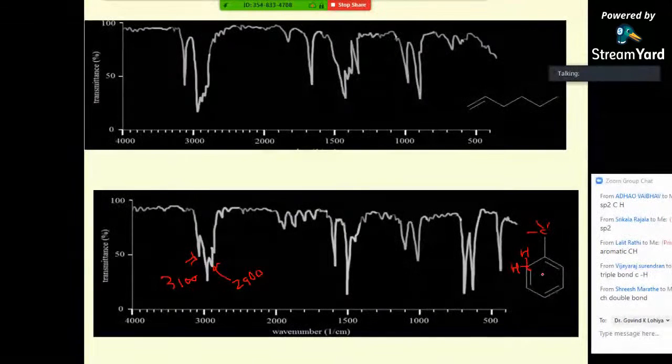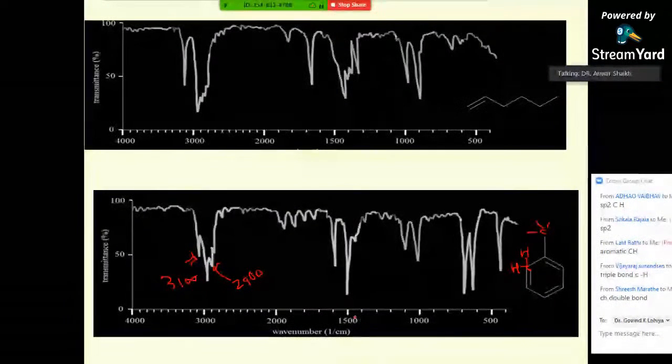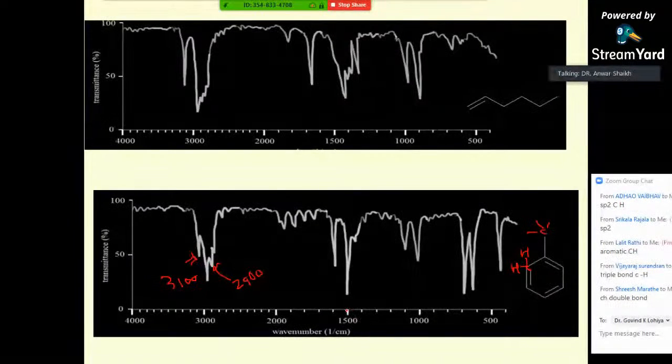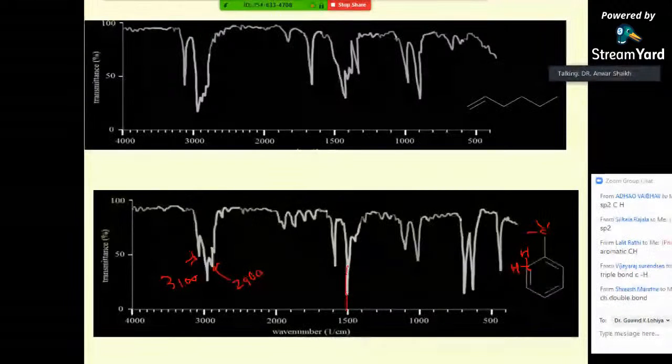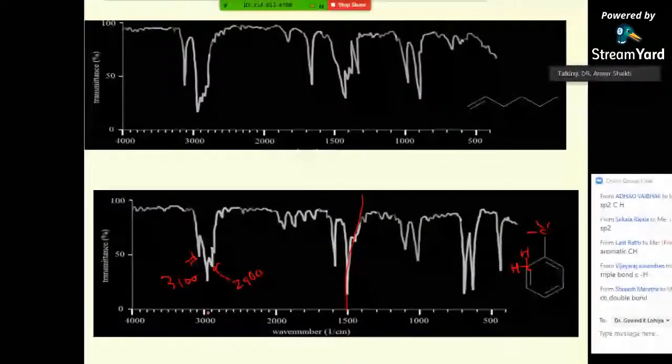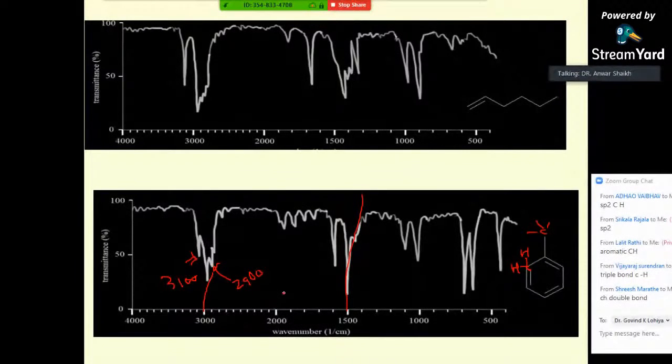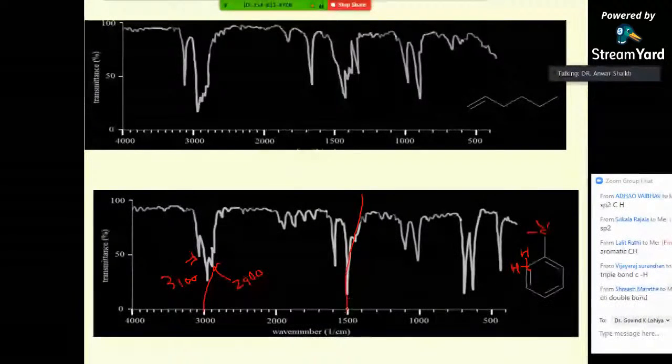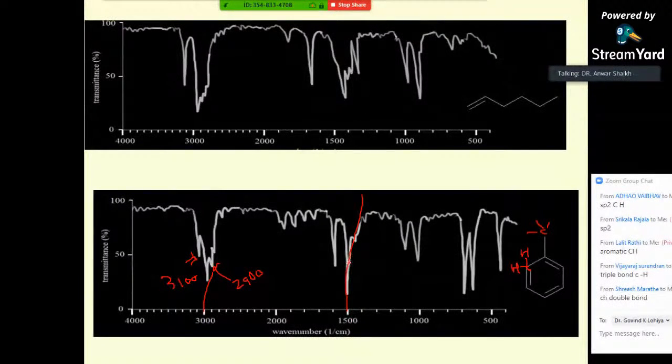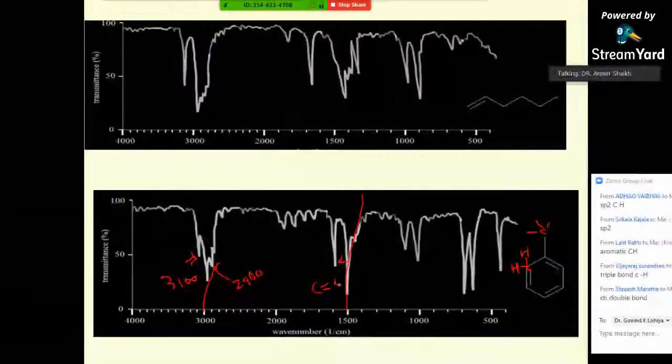Now, if I draw a line at 1500, I always told you to draw two lines, at 1500 and 3000. At the extreme you can see a peak near about 1600 or 1580. It is due to C double bond C of aromatic.